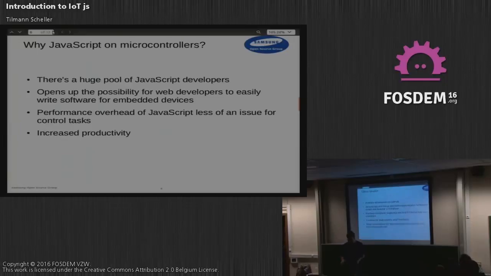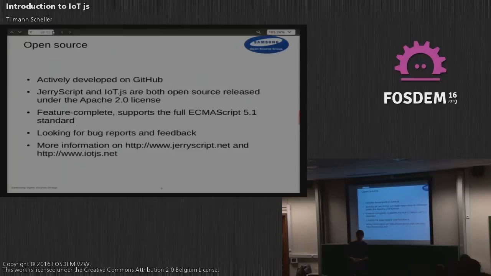So all of this is open source. So both the IoT.js and JerryScript projects have been released last year. They are actively being developed on GitHub, and we are feature complete. We implement the full ECMAScript 5.1 standard. We passed the entire Test262 conformance test suite, so that's really all there.